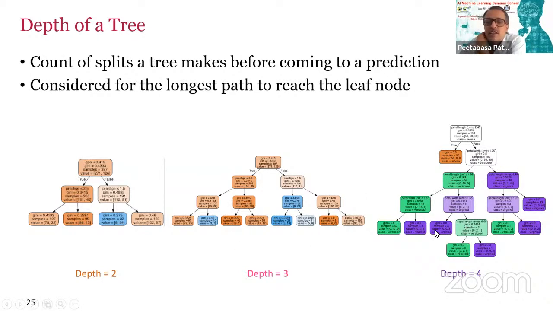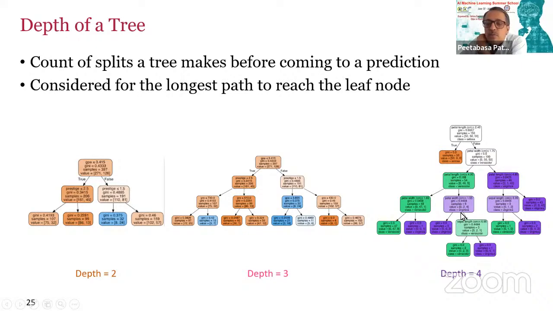Now here is an interesting scenario. All the leaf nodes are not at the same depth. The first split leads directly to a leaf node. Then you go to the second set, which has 2 more splits, and then from there on.